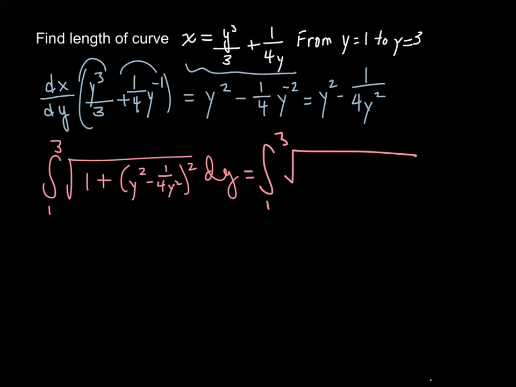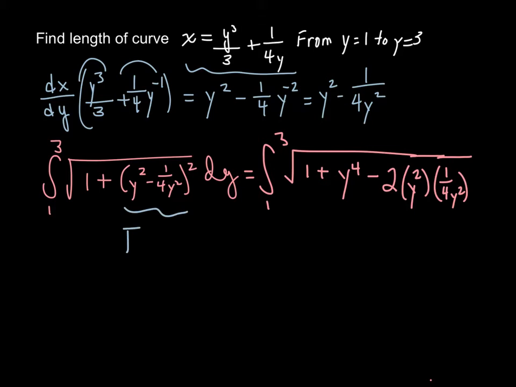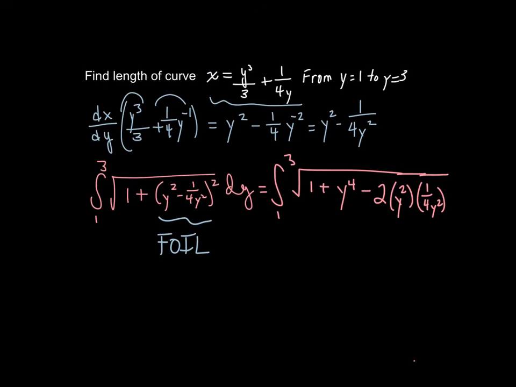If I square what's in parentheses, so that's just still 1, I get y to the 4th, because I squared y squared. If you remember, when you square, you do 2 times the 2 values, 1/4y squared. If you don't remember that, I'm just foiling this. So that's the actual middle term.